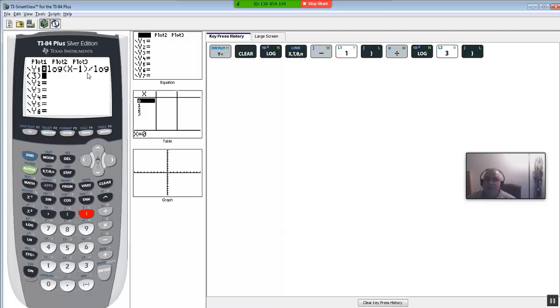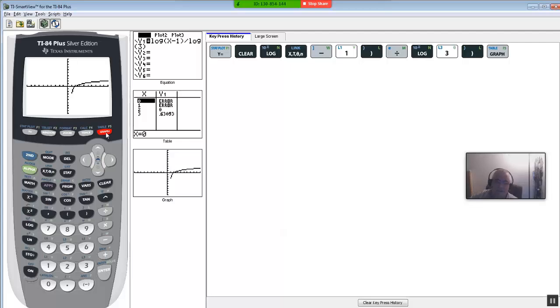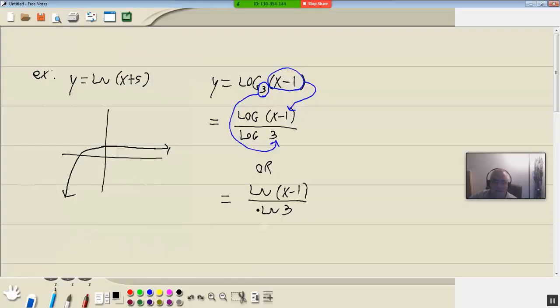You do need them if they're in the middle of the problem, like after that x minus 1. And then graph. And yet again, it gives us the wrong graph. But we know they never just stop. So, not that I can draw real smooth, it looks something like that. It just keeps going down forever.